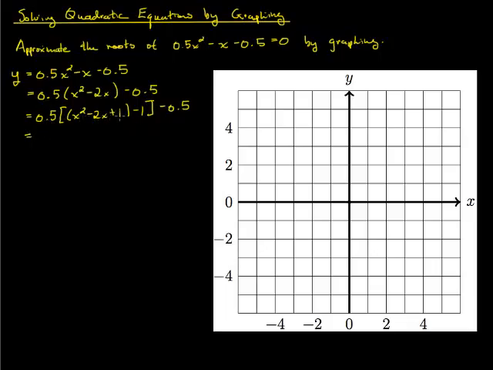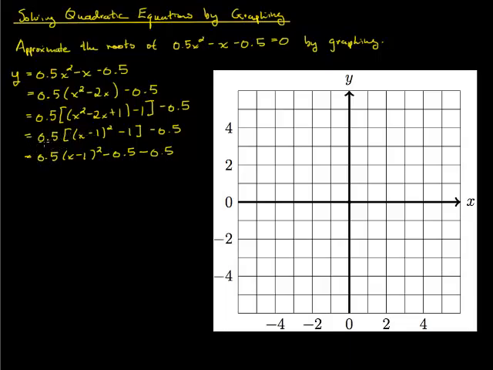Now x squared minus 2x plus 1 is a perfect square trinomial. That factors to x minus 1 squared. And now I can get rid of the square brackets by distributing 0.5 into these square brackets. So I'll have 0.5 times x minus 1 squared minus 0.5 minus 0.5.